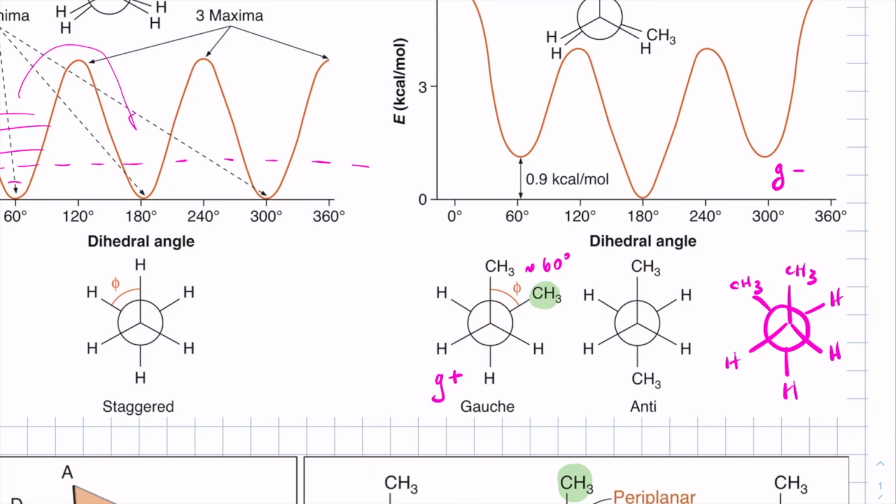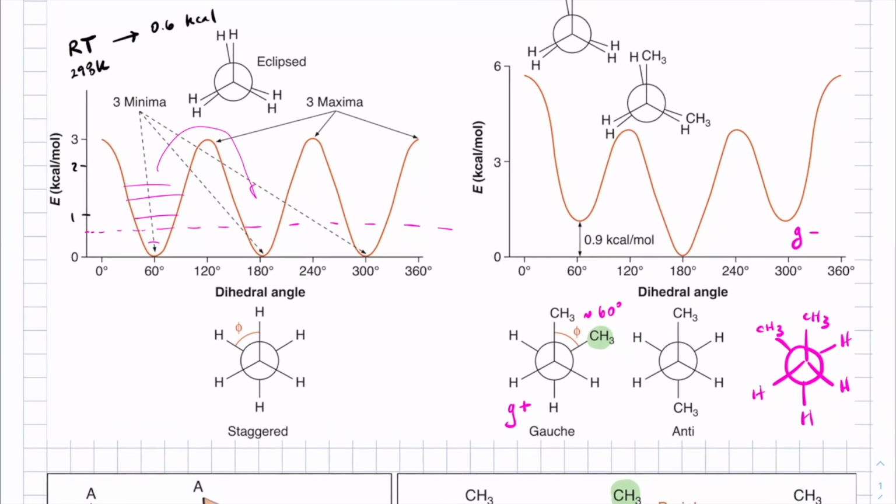Okay, another thing to think about here is just the barriers you have to surmount to rotation. A hydrogen-hydrogen eclipsed interaction is a barrier, well, 3 of them, so each one is a barrier of about a kcal per mole. A hydrogen-methyl gauche interaction costs more, right? If it were just all hydrogens, it would be 3 kcals per mole.